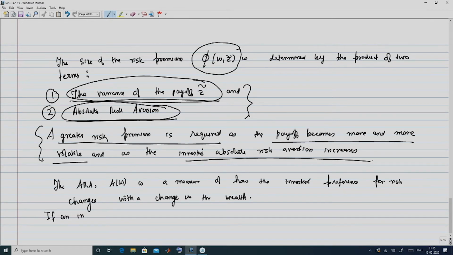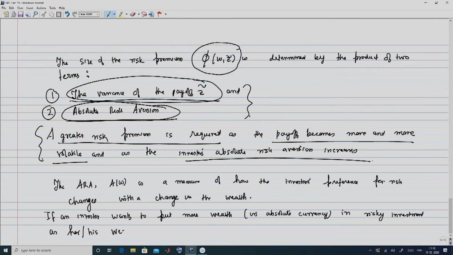So, if an investor wants to put more wealth in absolute currency, or sometimes it is called the absolute dollar amount, in risky investment, as her or his wealth increases, it is said that the investor exhibits decreasing absolute risk aversion.